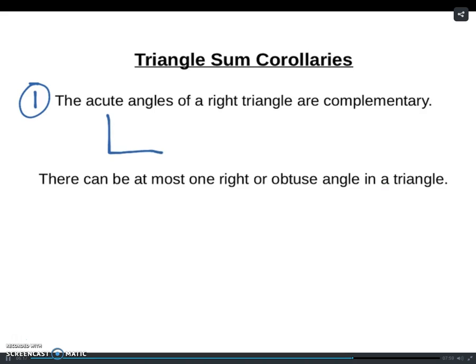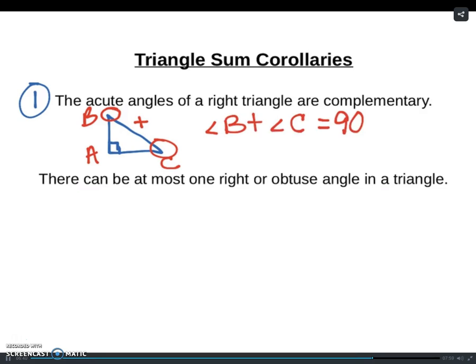So what they're saying is if you have your right triangle, okay, and you add up these two acute angles, so you add up the two angles that are not the right angle, those two angles have to add up to be 90 degrees. Okay, so if I add up, let's call this A, B, C, angle B plus angle C, those have to equal 90 degrees.